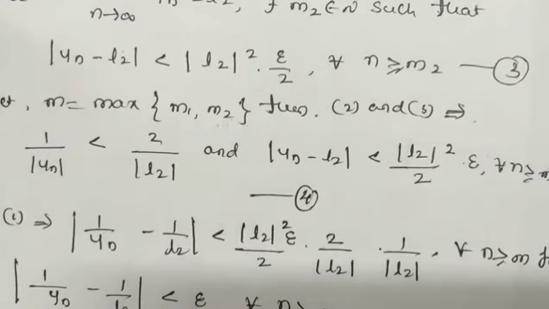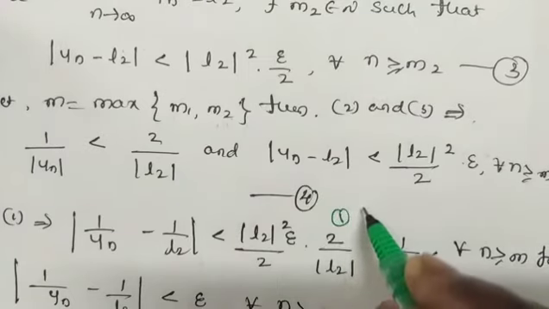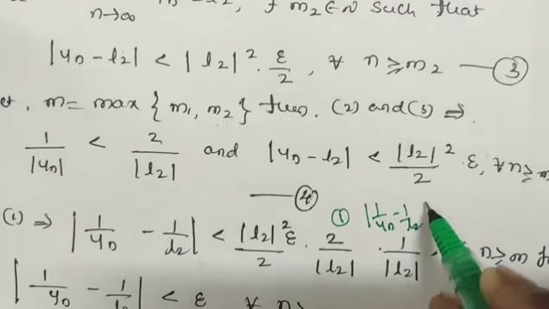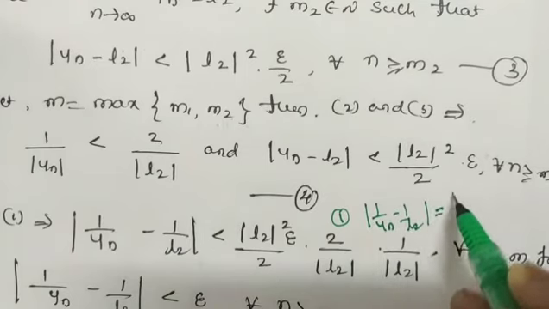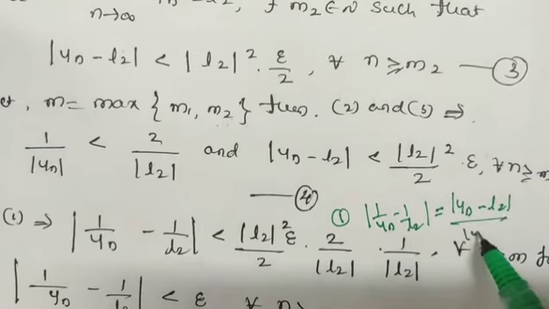So equation 1 is mod 1 by yn minus 1 by L2 is equal to mod yn minus L2 divided by mod yn into mod L2.